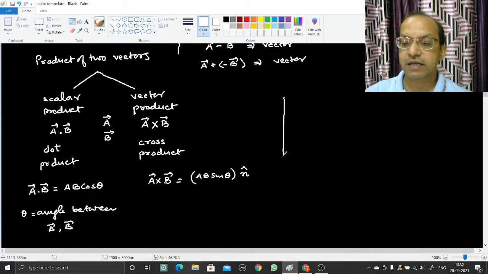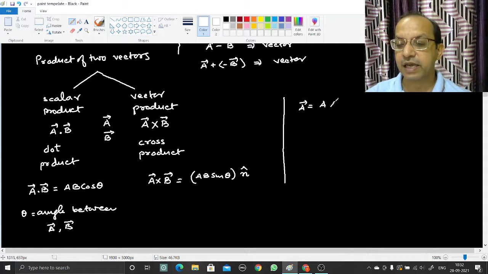Any vector can be written in this form: a vector A can be written as A cap, meaning the vector A is equal to the magnitude multiplied by a unit vector in that direction, that is only direction with magnitude 1.